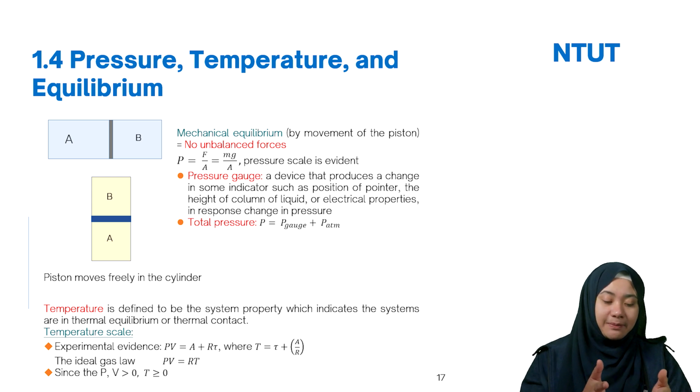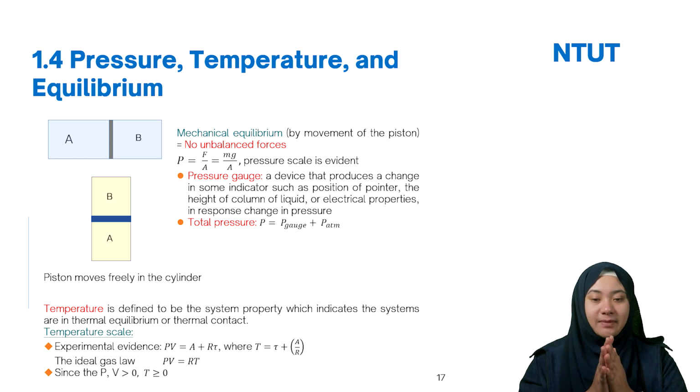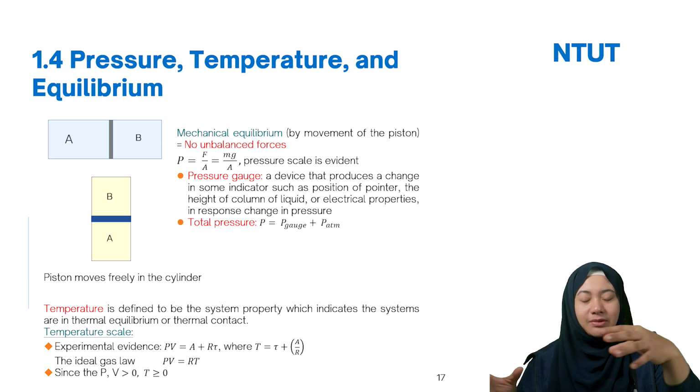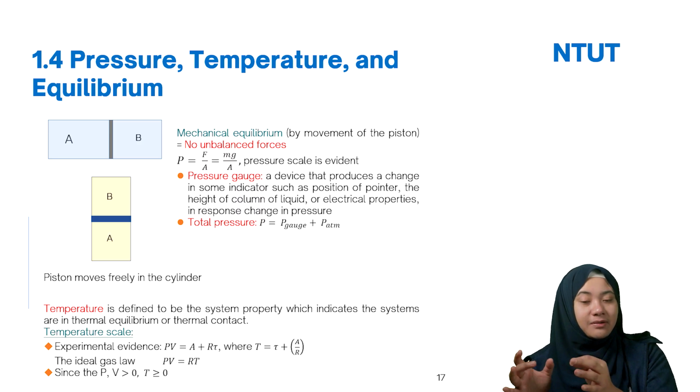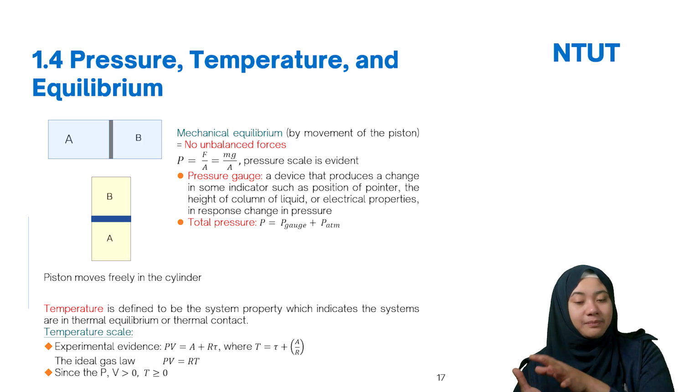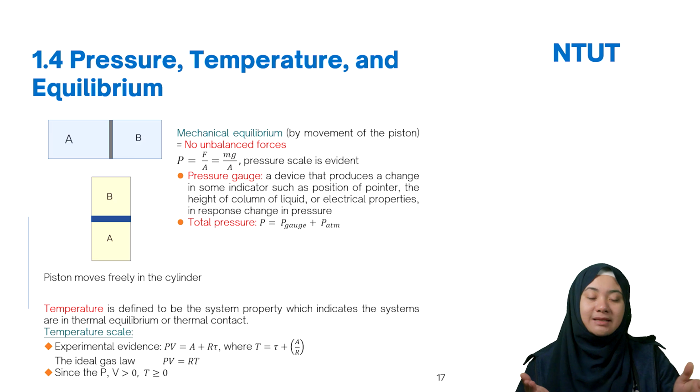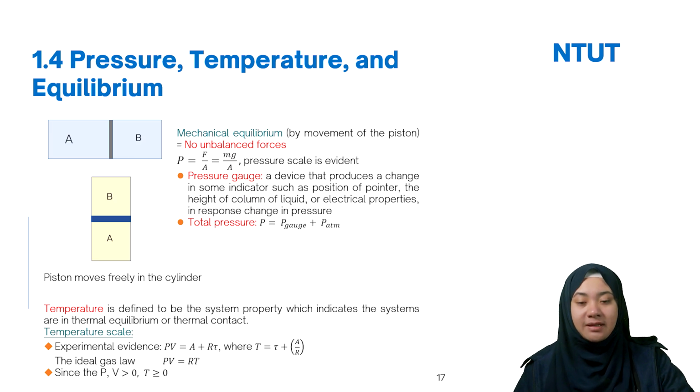Because when you measure the pressure inside your system using a pressure indicator, this is gauge pressure from the equipment. If you would like to convert to absolute pressure, you need to add atmospheric pressure. Please don't forget this. It is somewhat simple, but we miss it. Absolute pressure equals gauge pressure plus P atm.